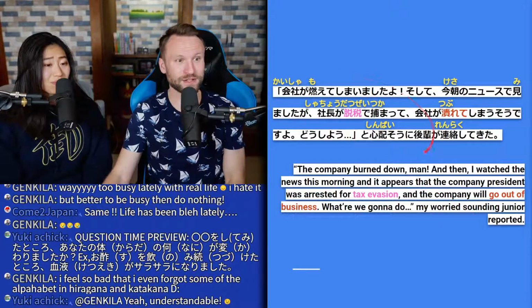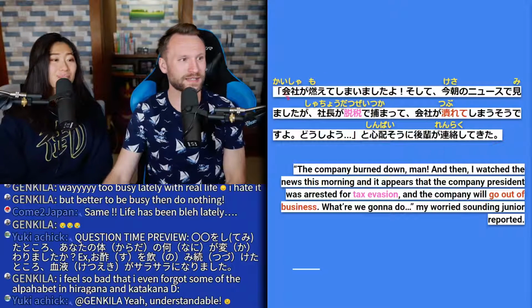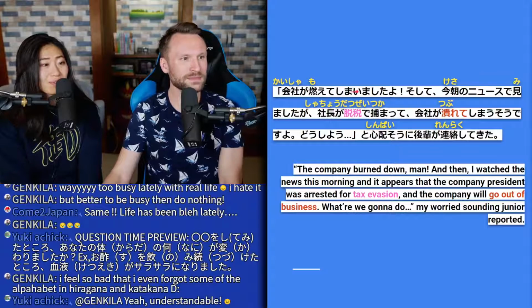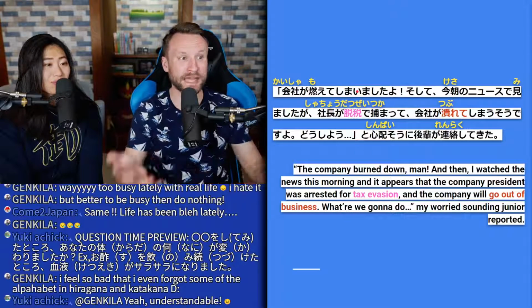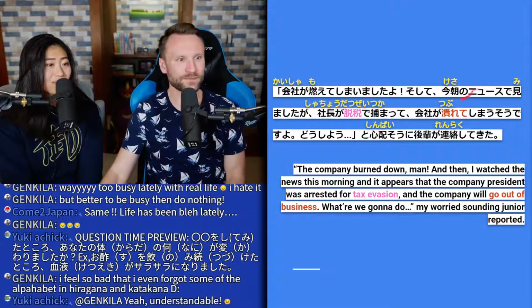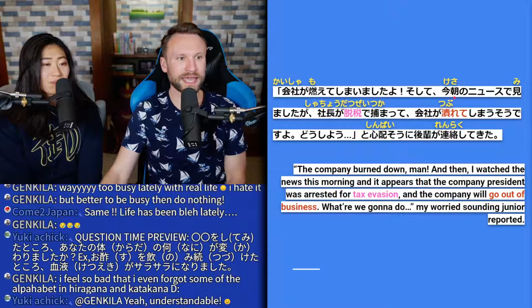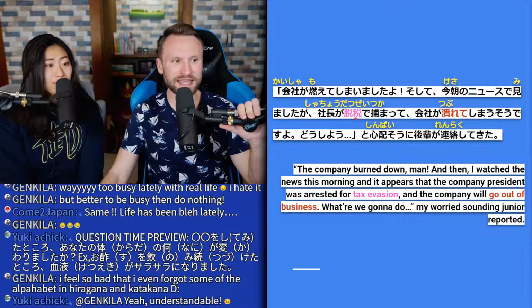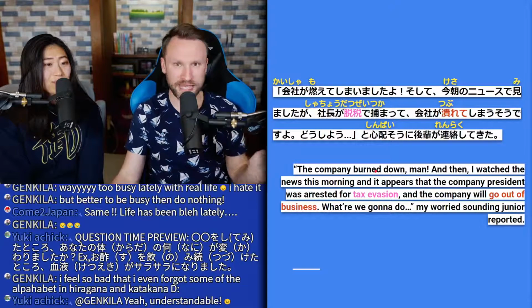So breaking this one down, it's entirely a quote until the very end. 会社が, so that's the company, it's the subject, 燃えてしまいました. So it completely burned down. そして, and then, 今朝のニュースで, so on the news this morning, 見ましたが, I saw, but 社長 is the company president, が, and he's the subject, 脱税で捕まって, so 脱税 is tax evasion.